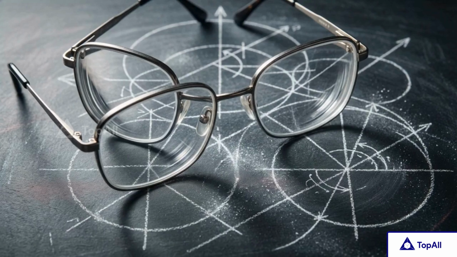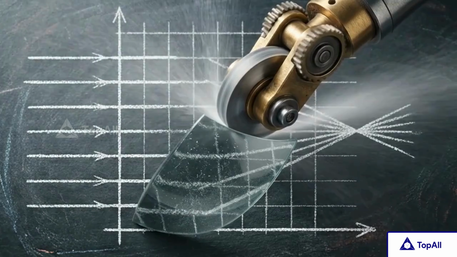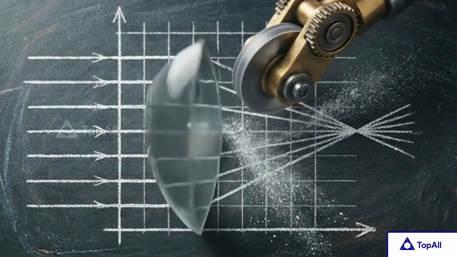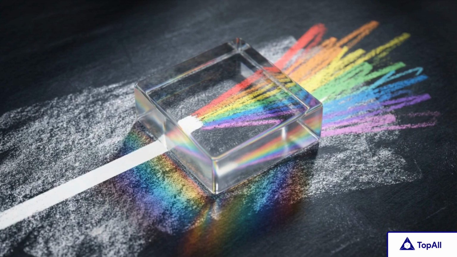A single number on a medical prescription contains a complete geometric map. The magnitude tells the manufacturer exactly how sharp the curve must be, and the sign dictates the physical shape needed to correct the eye.